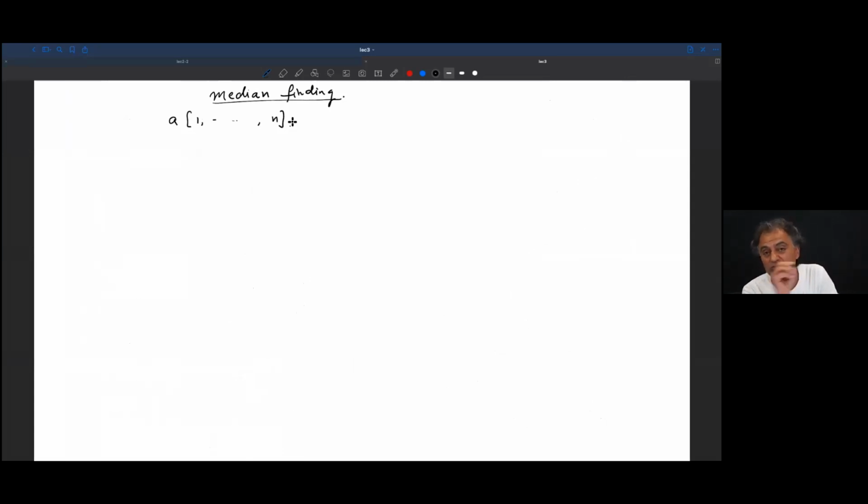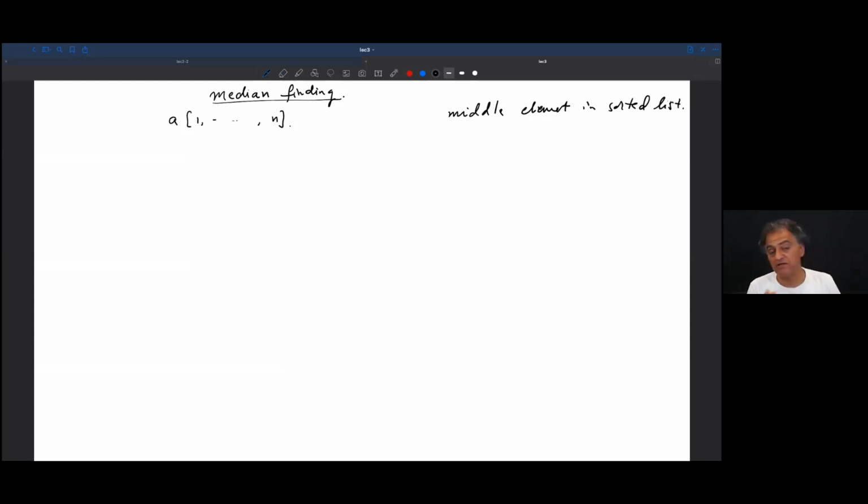If we were to sort it, we want to find an element m such that half the elements are below it and half are above it, right? So if n is odd, then you can find exactly the median, and if n is even, then you find one of the two middle elements. So we find the middle element in the sorted list.